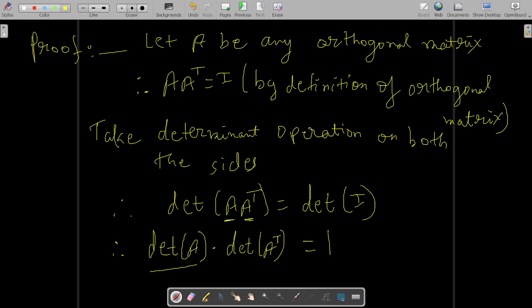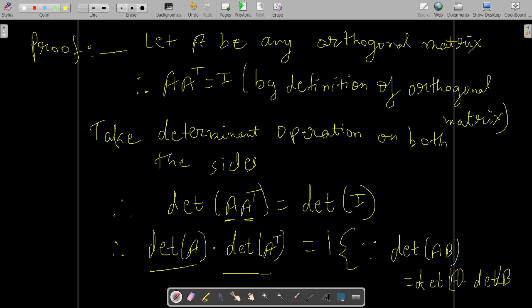The reason why I took it like that is because determinant of AB is equal to determinant of A multiplied by determinant of B.